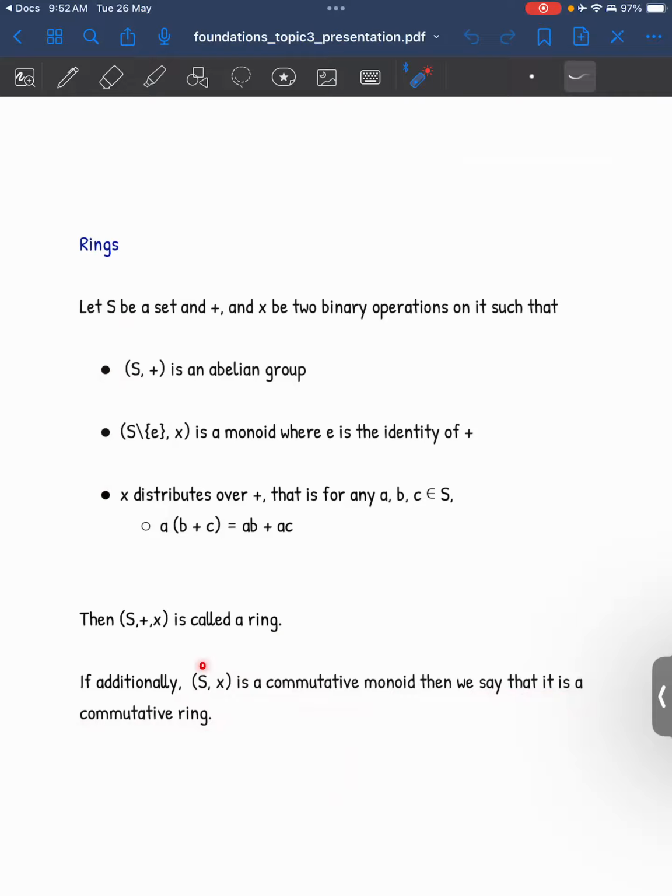Okay, so remember that this is without the identity element. Let me just make a note here. Okay. So S without the identity element, if it is a commutative monoid, then we say that it is a commutative ring.